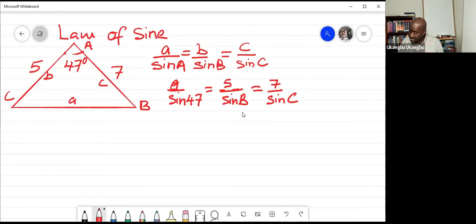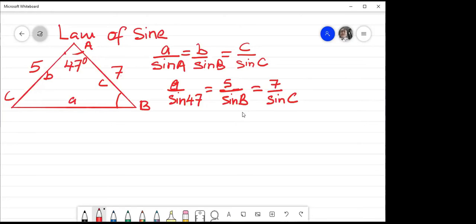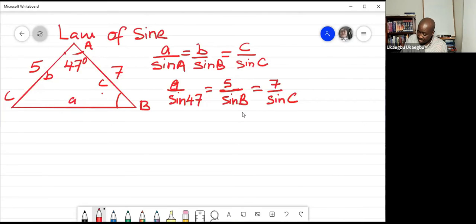If we are using a combination of A and B, you will discover that you have two missing variables: you have A missing, and you have sine B missing. So we have to give B an angle. Let's use something closer to the number that we have, something like 50 degrees.